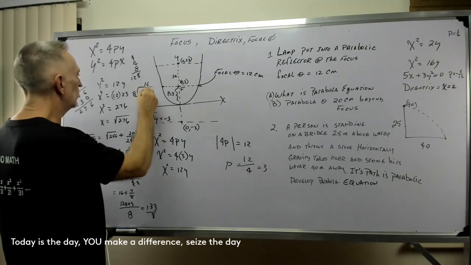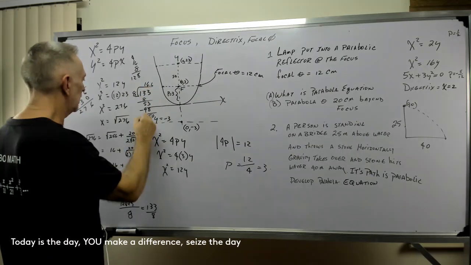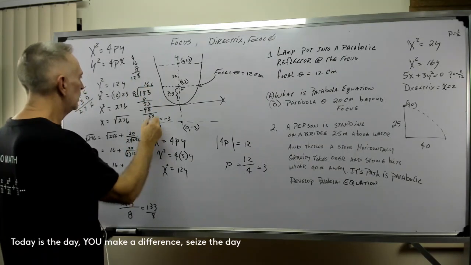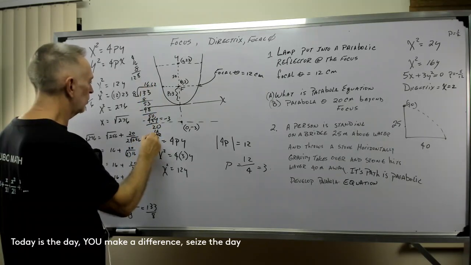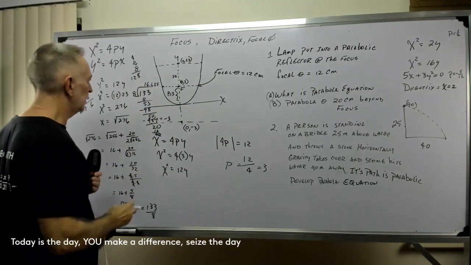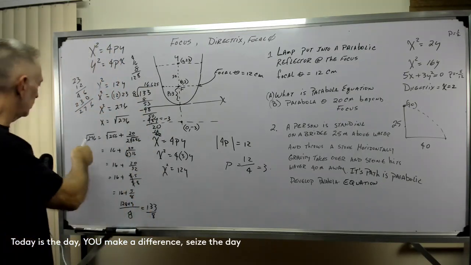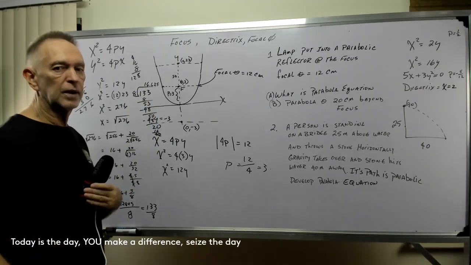Bring a 0 down, so now I've got a decimal here. 6 times 8 is 48. Bring down another 0. 2 times 8 is 16. That leaves me 4. 16.625. Now if you put the square root of 276 in your calculator, you'll get a number really close to that.